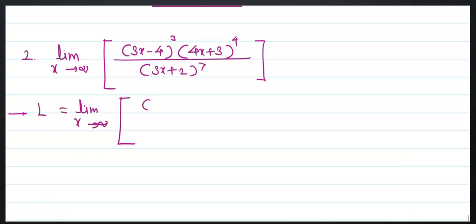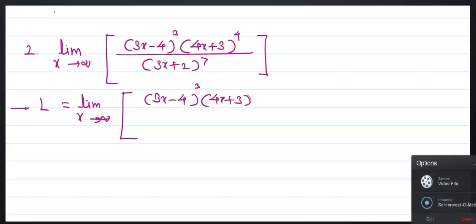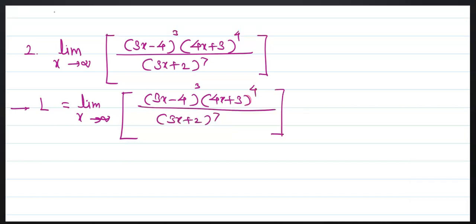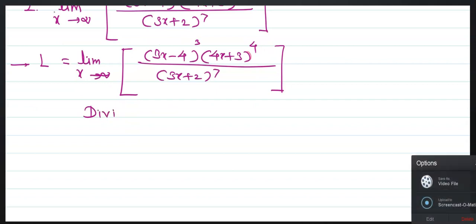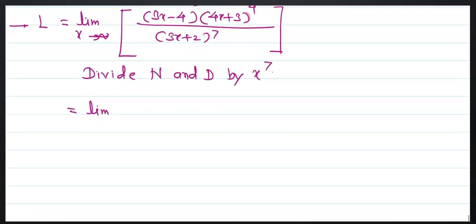Now see this here, as x tends to infinity, (3x − 4)³ (4x + 3)⁴ upon (3x + 2)⁷. Now divide numerator and denominator by x⁷.